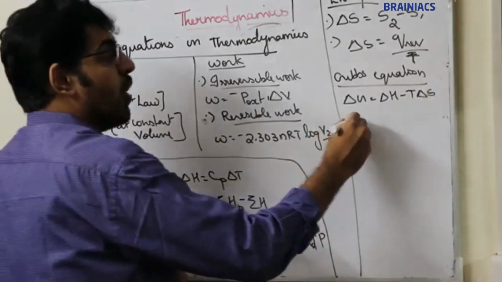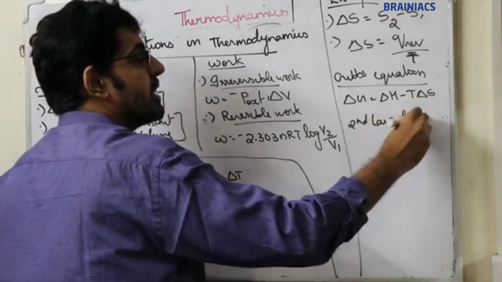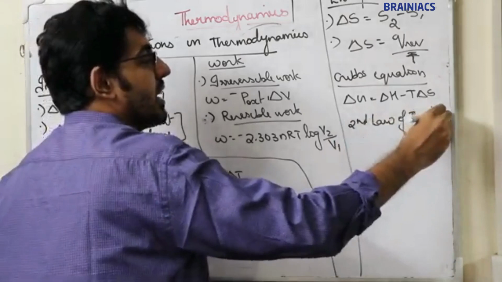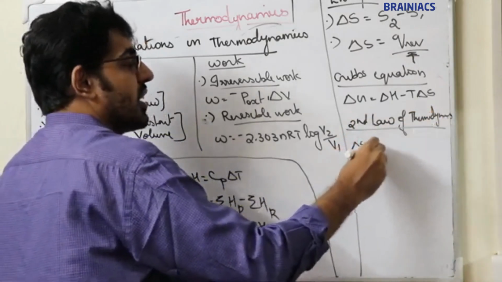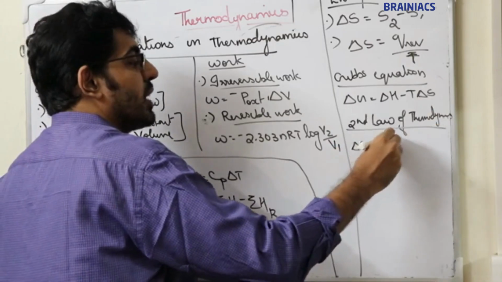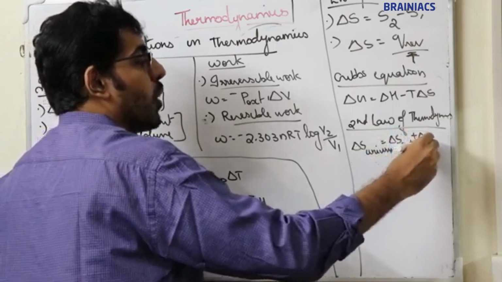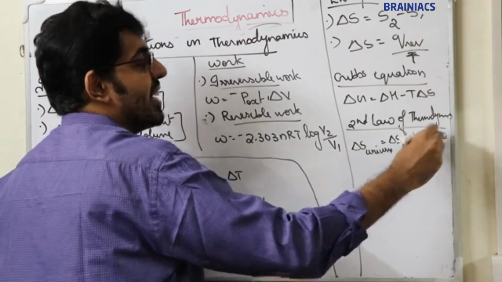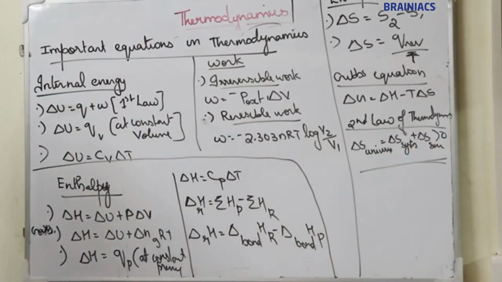Now for second law of thermodynamics, we discussed one equation, delta S universe is equal to delta S system plus delta S surrounding greater than 0. Okay, we have studied this much of equation in this chapter.